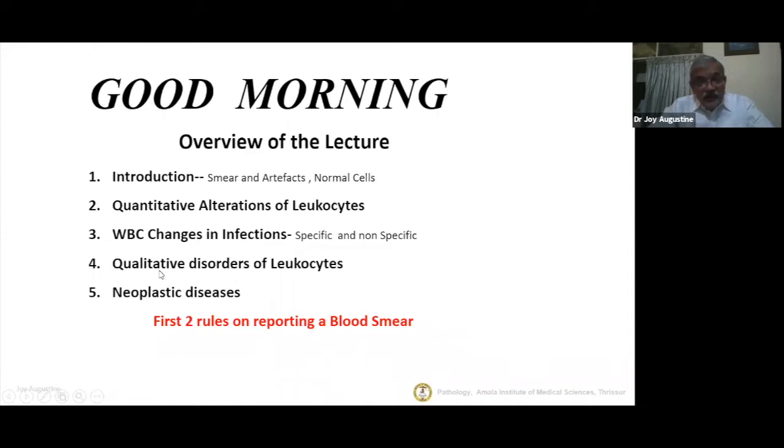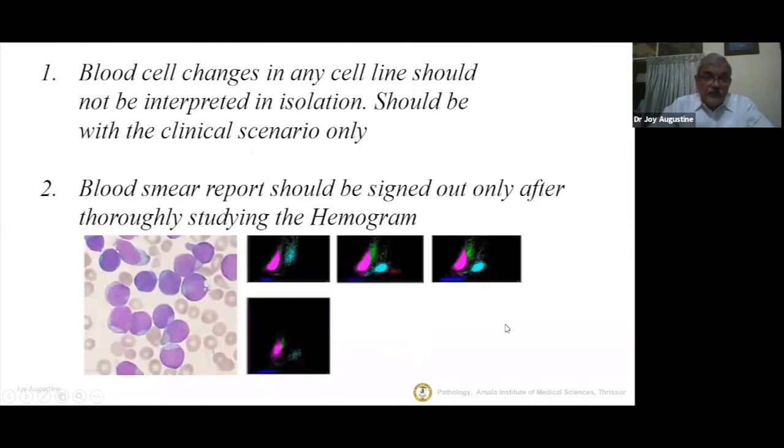And then we'll be talking briefly about the qualitative disorders of leukocytes, which are very rare in the first place. And finally, we'll be talking about neoplastic diseases. Neoplastic disease, I will not be talking to you about specifics, but I will be talking to you about the general features of conditions.